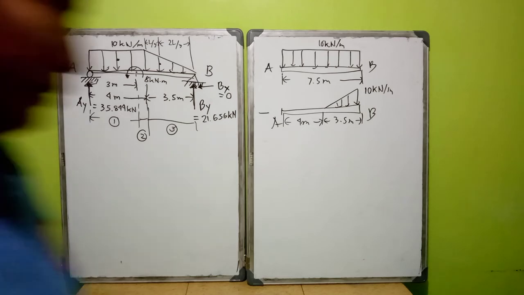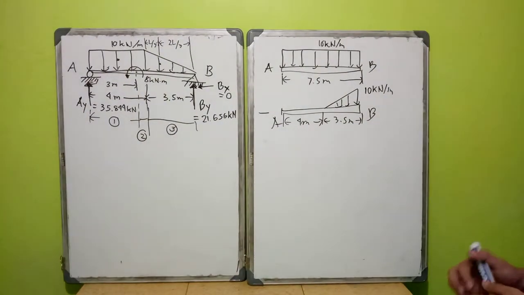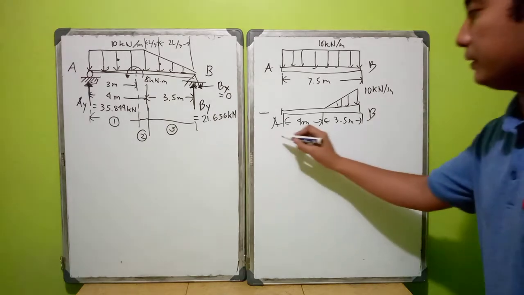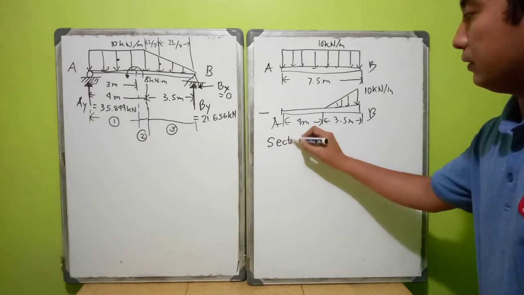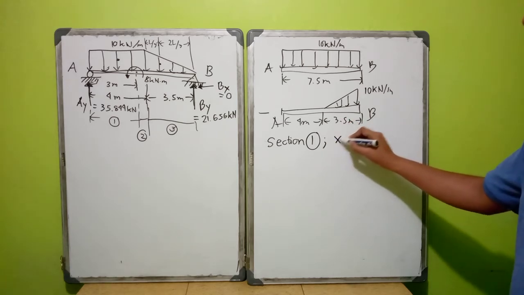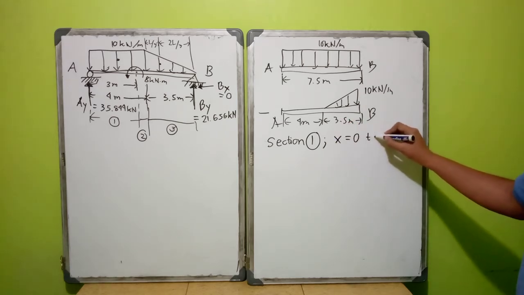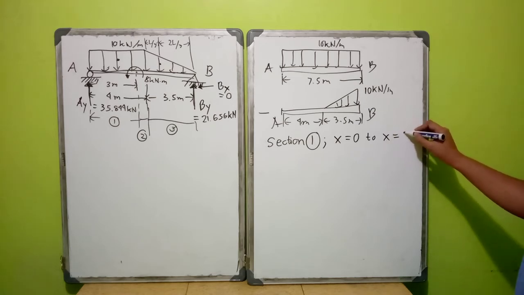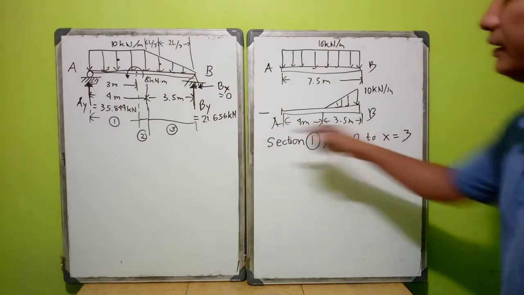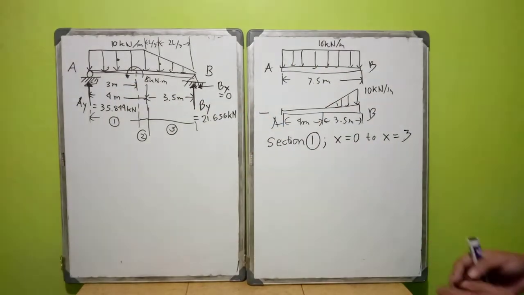So then we now solve this one. Let us say section 1. X here starts at 0 to x is equal to 3 at the end of section 1.